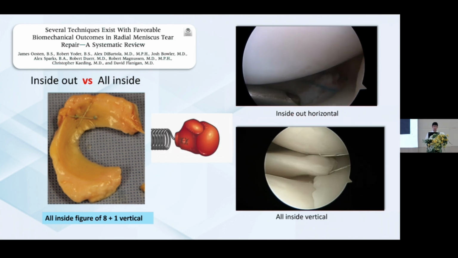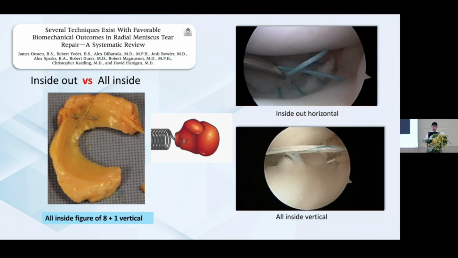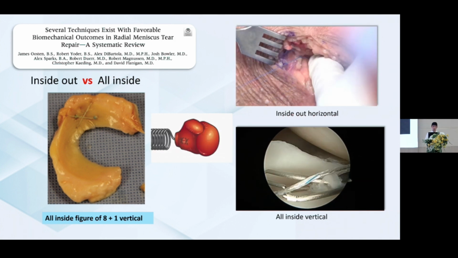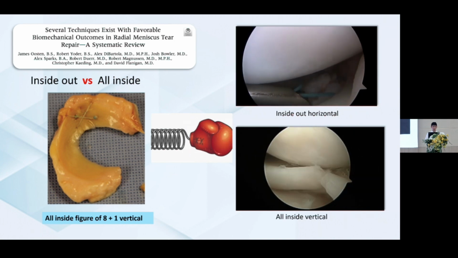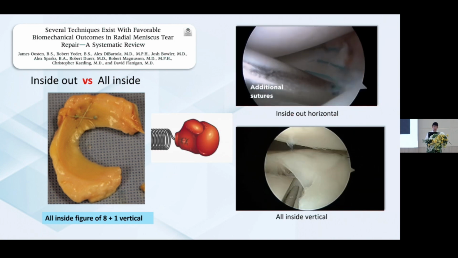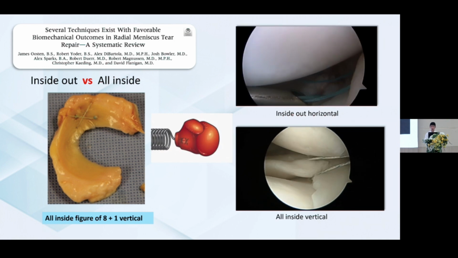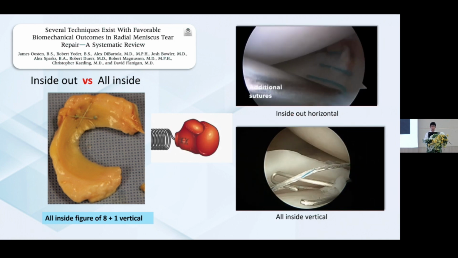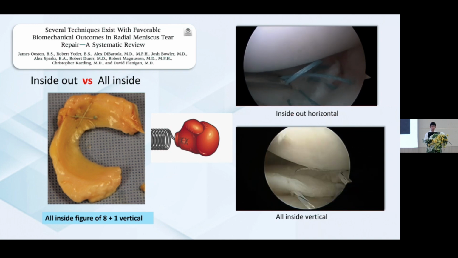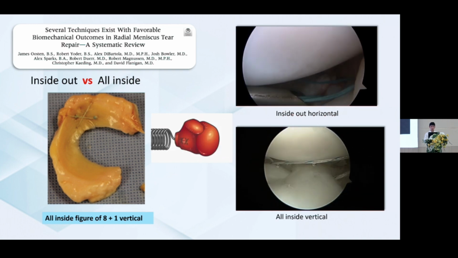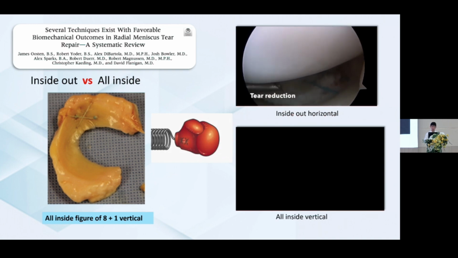In this systematic review, they compared 20 studies about surgical techniques to repair. Comparing inside out and all inside, they suggest that you should use the all inside figure of 8 combined with one vertical suture. It has better biomechanics compared to all inside or vertical and inside out horizontal, the traditional way.